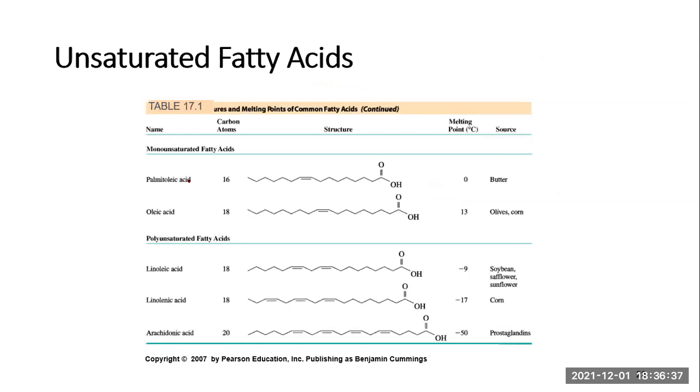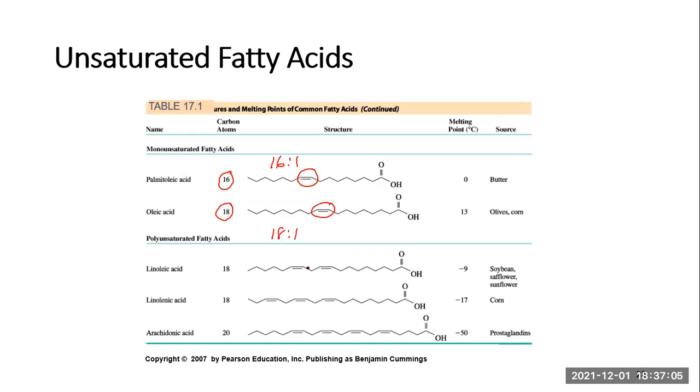So here's a table of some unsaturated fatty acids, and we could do the same thing. If we count up all of our carbons here, I won't do it here, but we go all the way across. We have 16 carbons and one double bond. So this is a 16 to 1 fatty acid because of the double bond. This guy has 18 carbons, has one double bond. That is an 18 to 1 fatty acid.